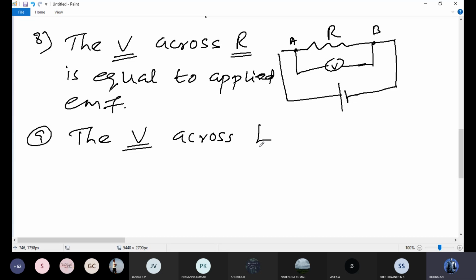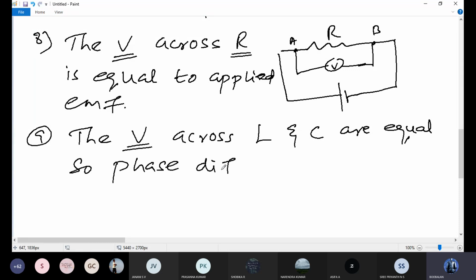L is inductance and C is capacitance. The phase difference is 180 degrees.